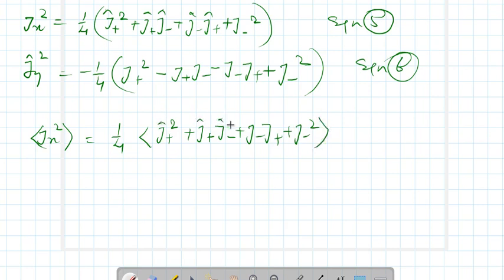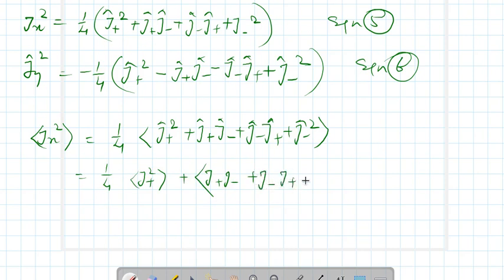Okay, I missed the operator form, so I will put a hat on every term. This can be further written as the expectation value of j plus square plus j plus j minus plus j minus j plus plus j minus square, but the expectation value of the square terms is equal to 0.